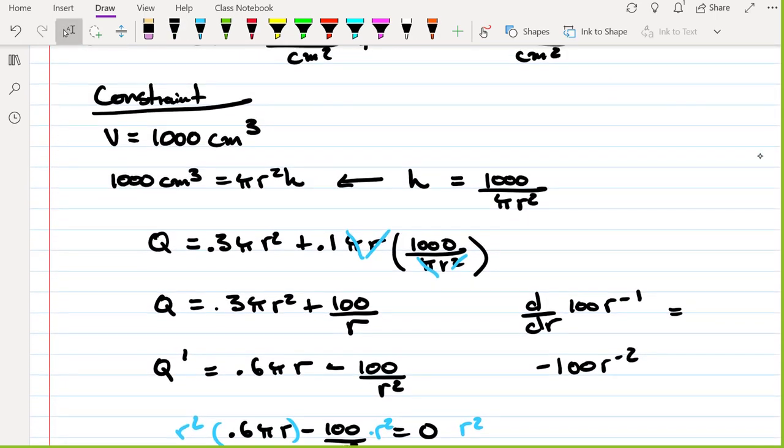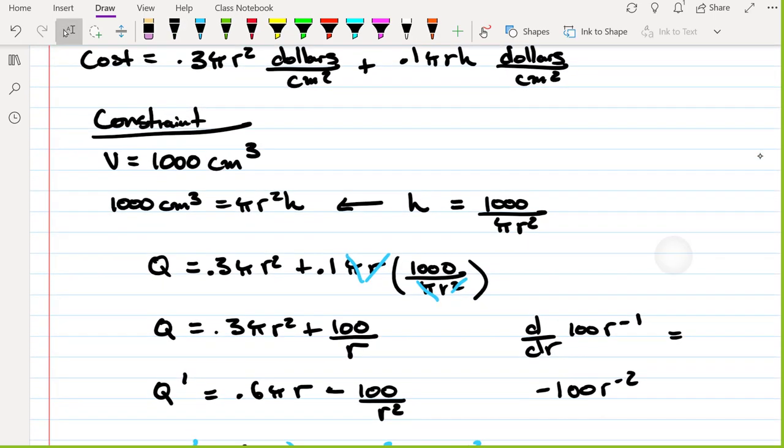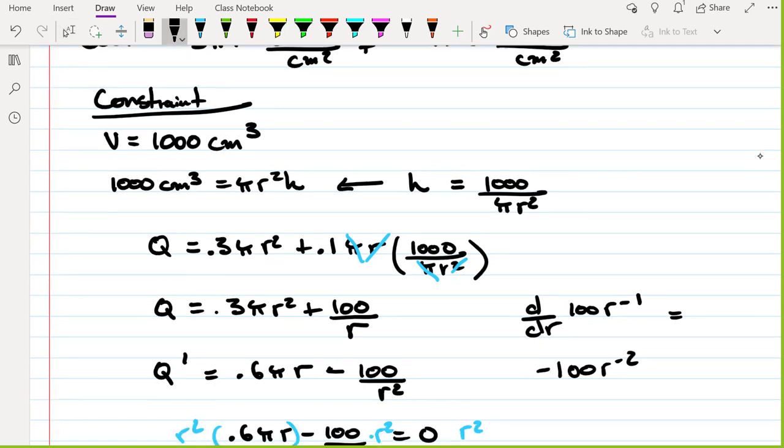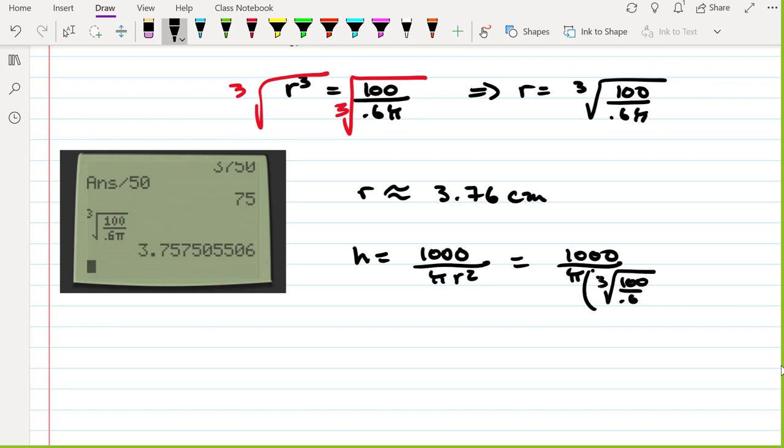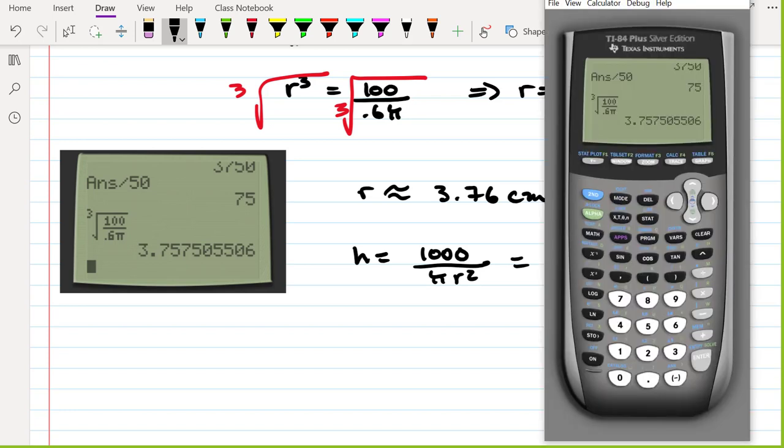So then, to find h, we can use this formula. So h was equal to 1,000 divided by pi r squared. So that's 1,000 divided by pi, and then the cube root of 100 over 0.6 pi, squared, but that's already in our calculator.